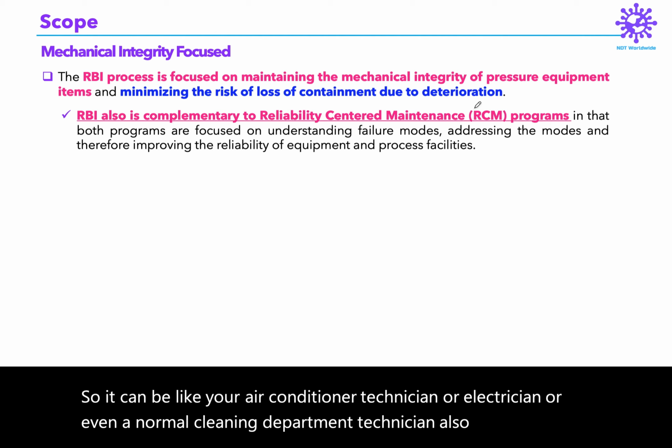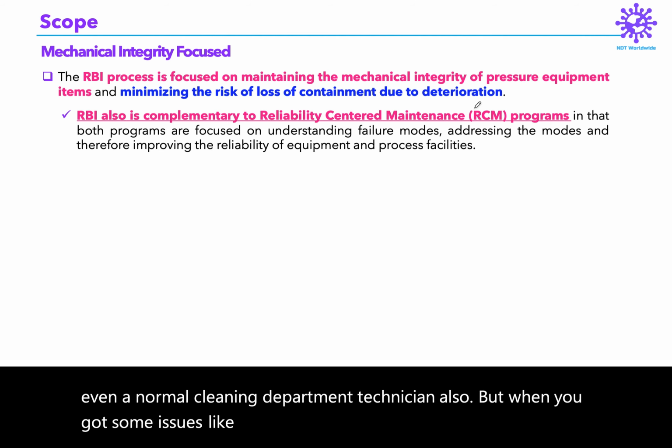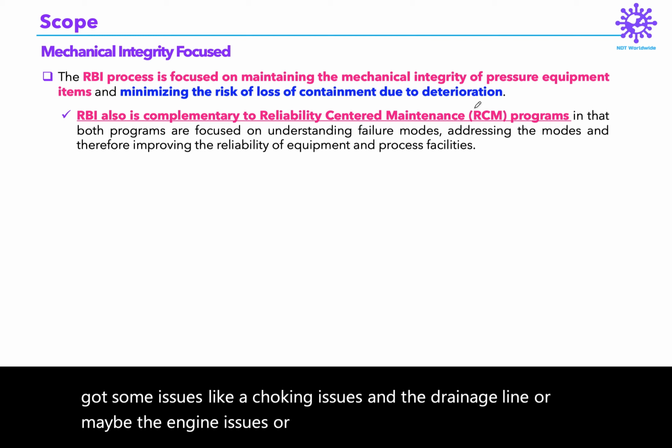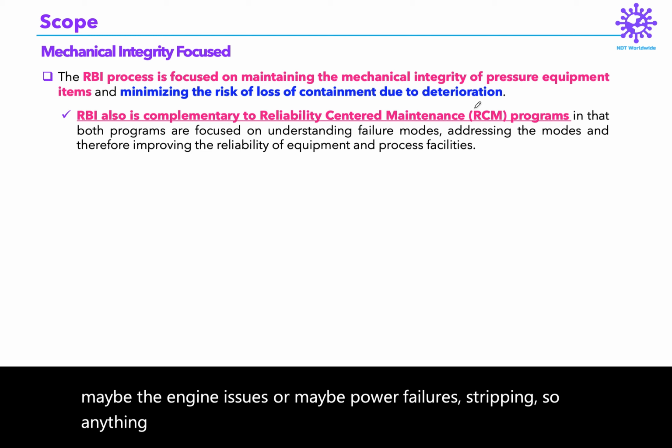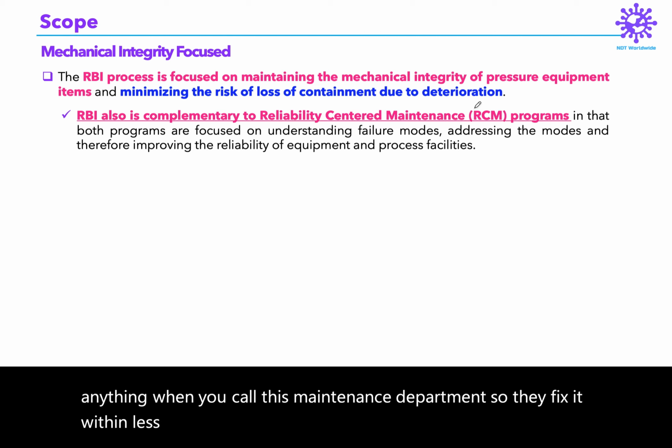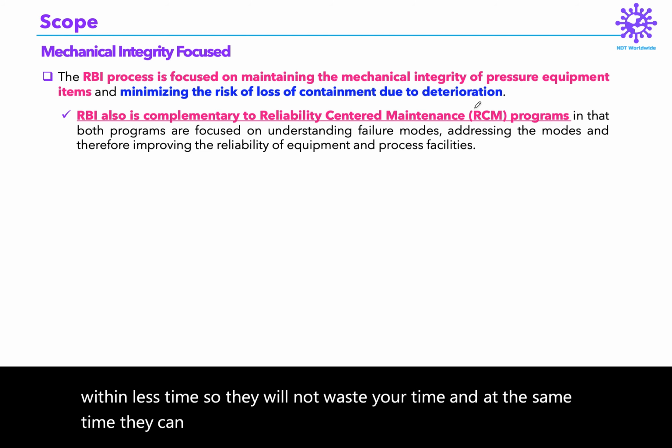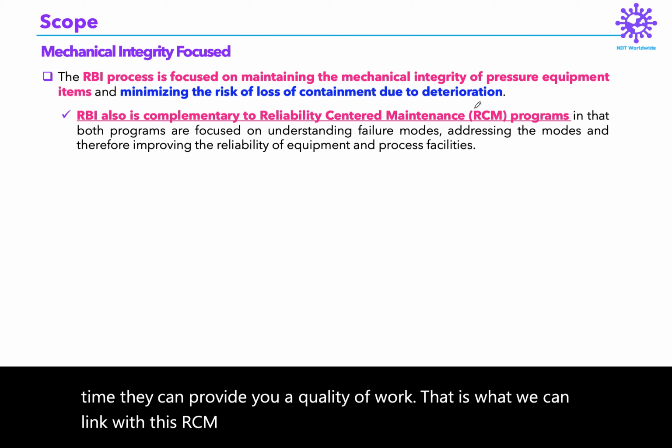But when you get issues like choking in the drainage line, or engine issues, or power failures, tripping, anything, when you call this maintenance department, they fix it within less time. They will not waste your time, and at the same time they provide you quality of work. That is what we can link with this RCM, reliability centered maintenance program.